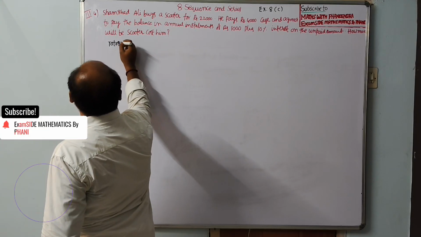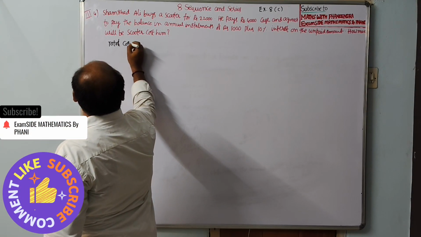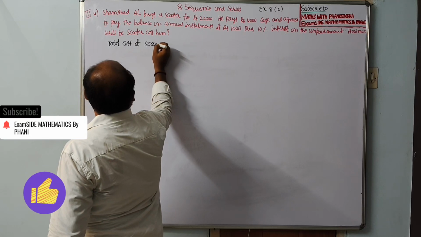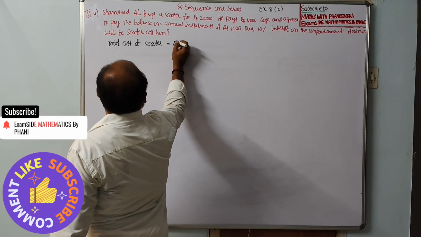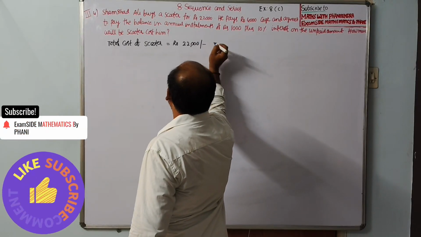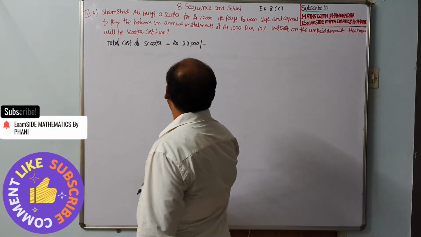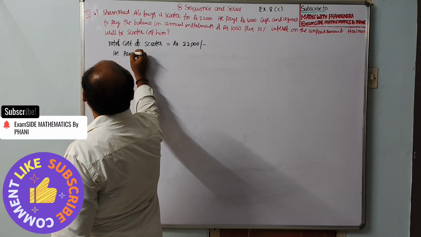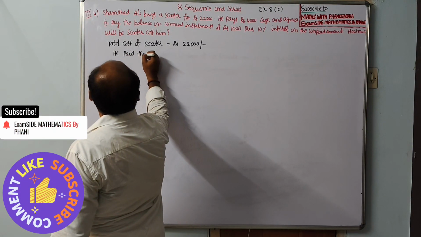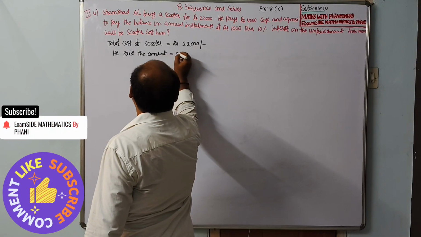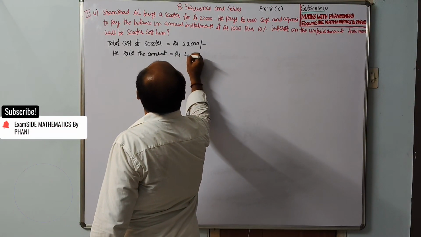Total cost of scooter is equal to 22,000. Okay, dear students. Next, what amount did he pay? He paid the amount rupees 4,000.